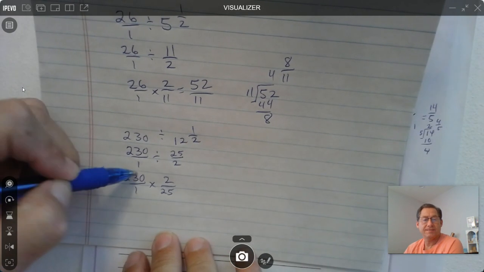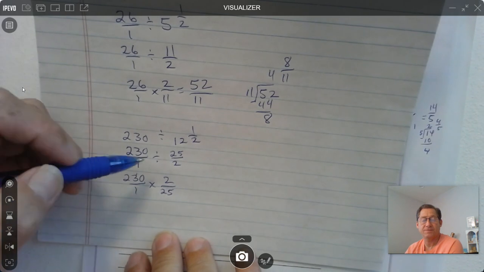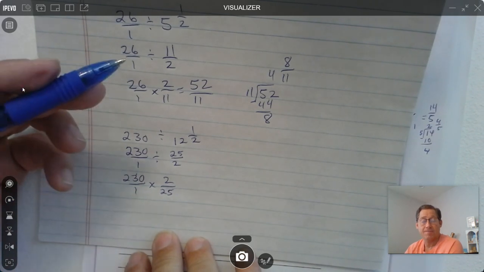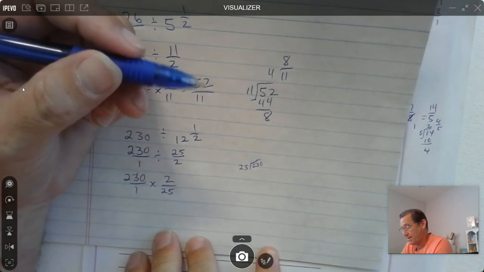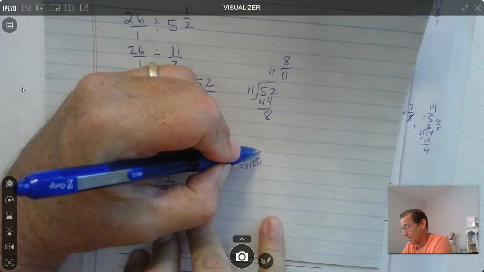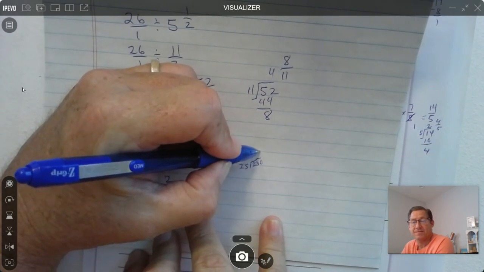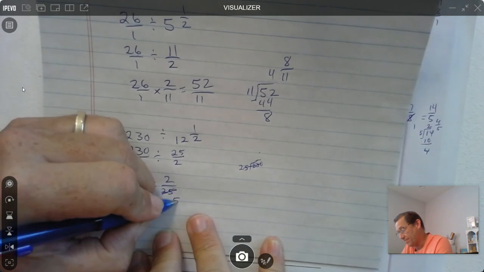All right, well, I know this ends in a 0, and this ends in a 5, so it could be divisible by 5. But I'm just curious, is 25 a factor of 230? Well, I know 8 25s is 200, so no, it's not going to be. So let's reduce by 5.